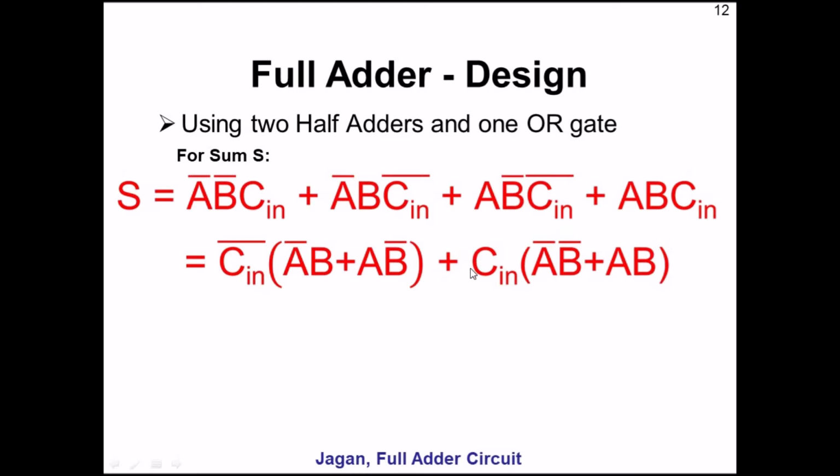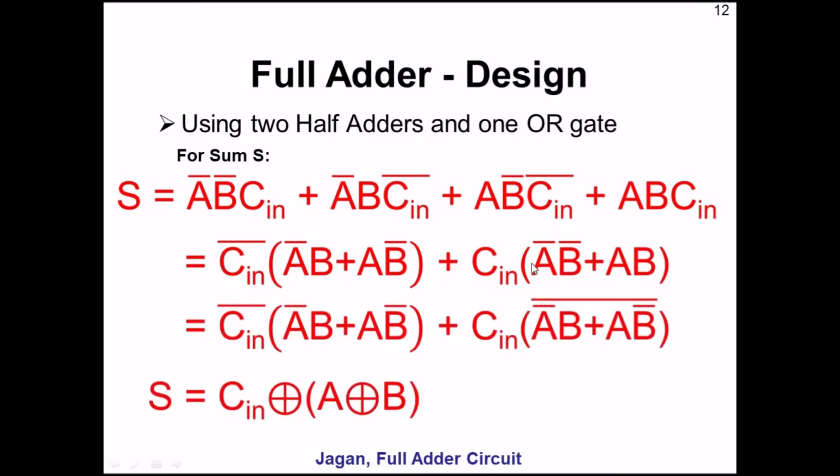Again, if I want to make the simplification, see here this can be written as A bar B plus A B bar, the whole bar, right? If you simplify this, this remains the same, then this I can write as C in (A bar B plus A B bar) the whole bar.